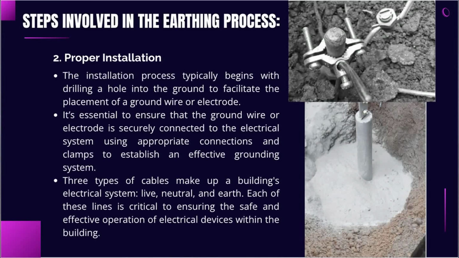Three types of cable make up the building electrical system: live, neutral, and earth. Each of these lines is critical to ensure the safe and effective operation of electrical devices within the building.